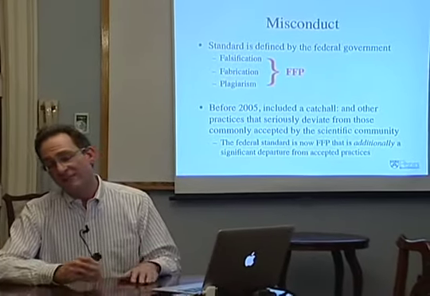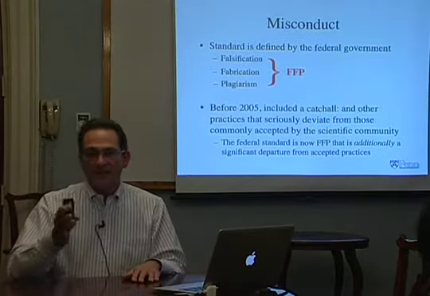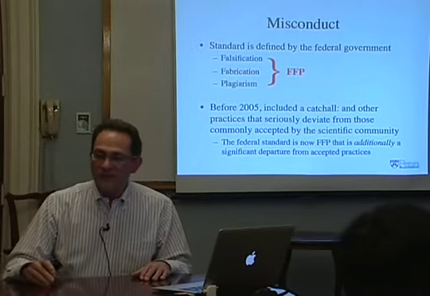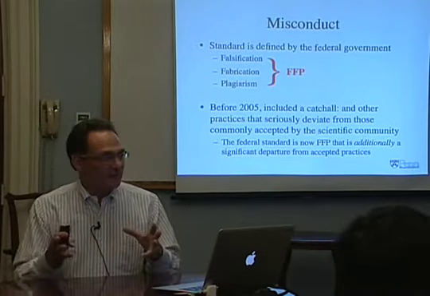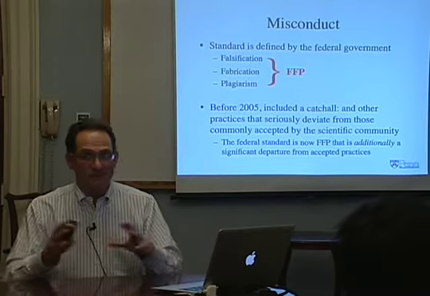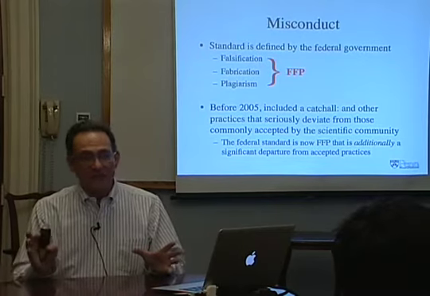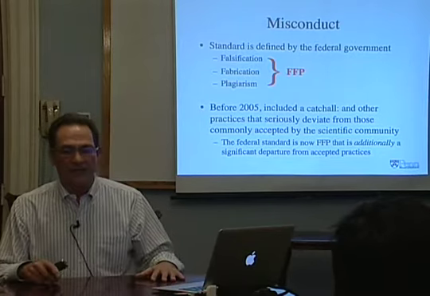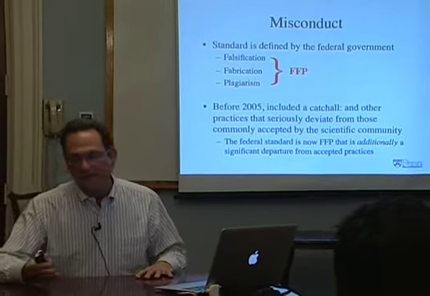So now the federal standard is that it's only FFP that's a significant departure from other accepted practices. So if there's some level within your discipline of falsifying data that's acceptable, then you haven't committed FFP. And I actually wrote an editorial some years ago saying that this was basically an attempt by the feds to get out of the business of policing this.